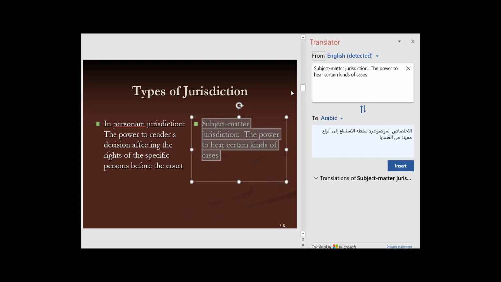So they might ask you a multiple choice question, where they will name two or three of these, and then name a fourth one that's not on this list, and ask you which one of these is not subject matter. They'll reverse it on you.